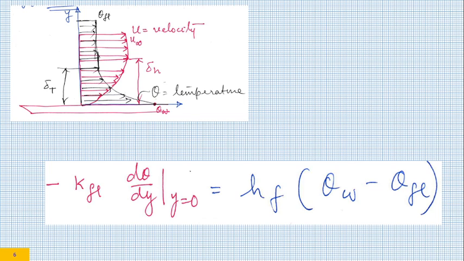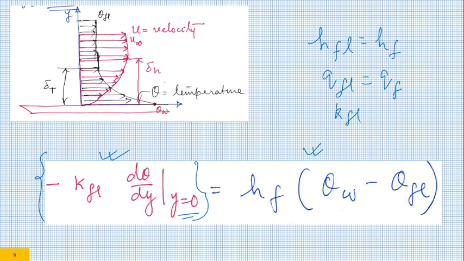And these two heat transfer mechanisms have to match. So we can write down minus KFL into d theta dy at y equal to 0. Once again, I am writing HFL equal to HF, QFL equal to QF, and KFL equal to KF.